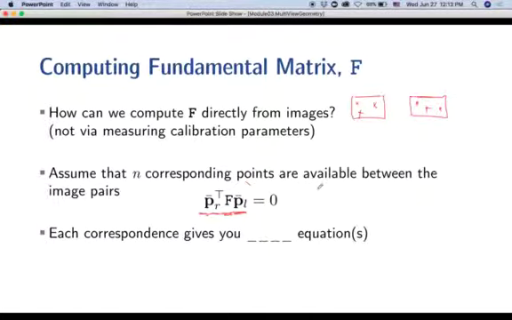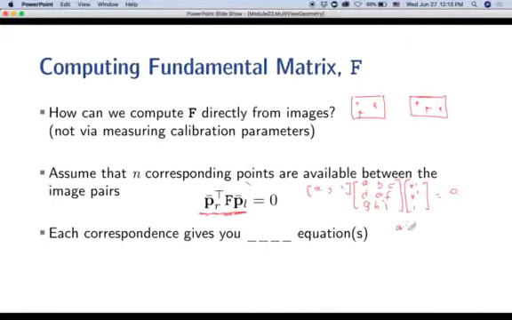Let me write that just so that we are clear. X, Y, 1 times a matrix A, B, C, D, E, F, G, H, I, except there is a constraint that it's a rank 2 matrix, times x prime y prime 1 equal to 0. I multiply these two together.